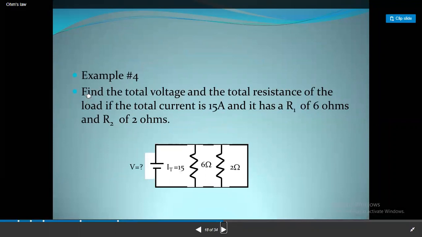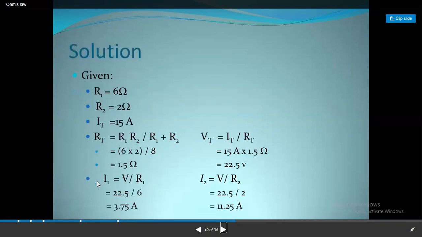They ask to find the total voltage and the total resistance of the load if the total current is 15 amps, and it has R1 of 6 ohms and R2 of 6 ohms. Let's see how to do this.